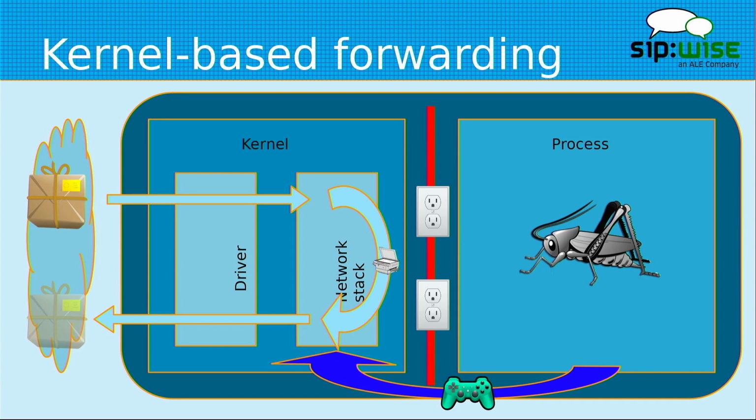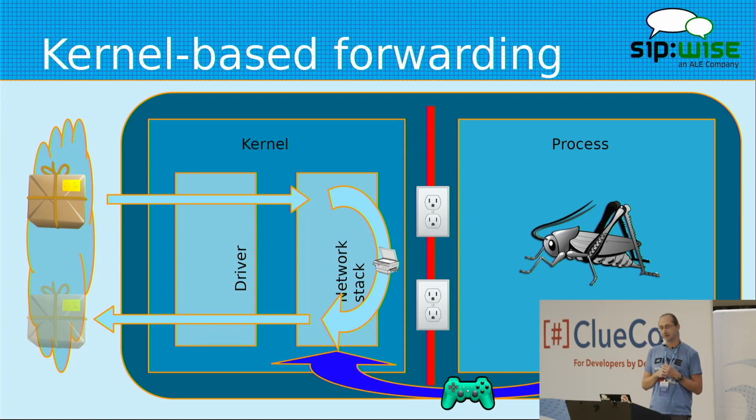Now the process still handles the logic part of it, the signaling and the negotiation part. And then there's a control channel from the process to the kernel, where the process tells the kernel what it should do with the packets that are coming in. Not per packet, obviously, because that would defeat the purpose, but it's a set of rules.